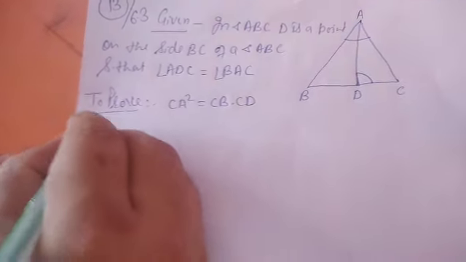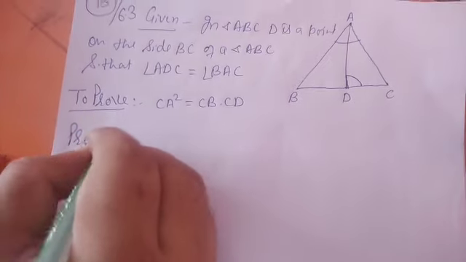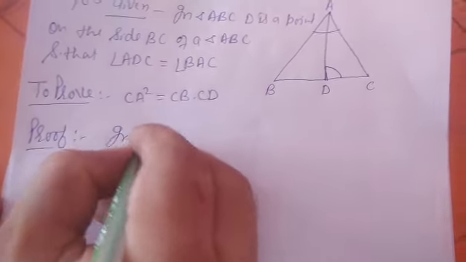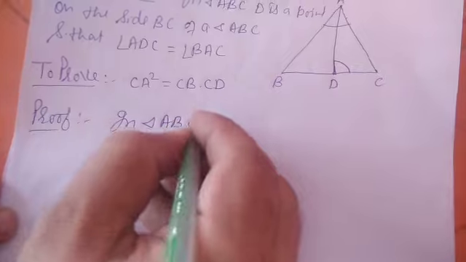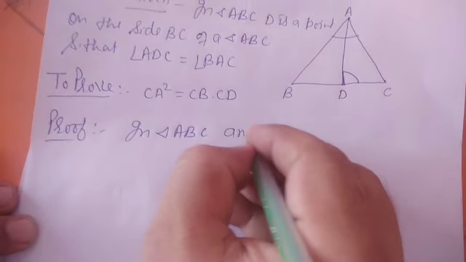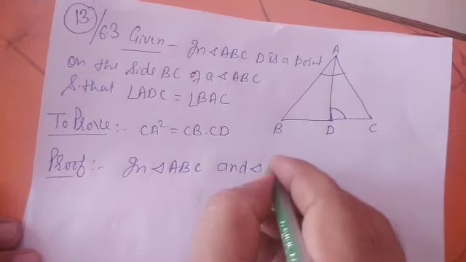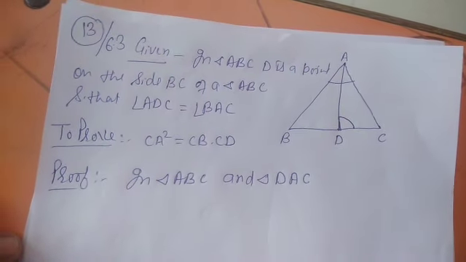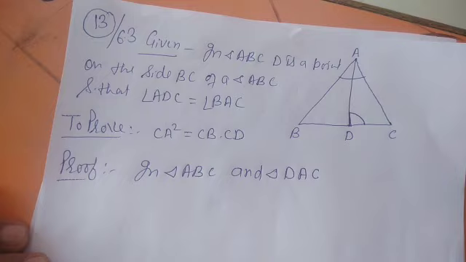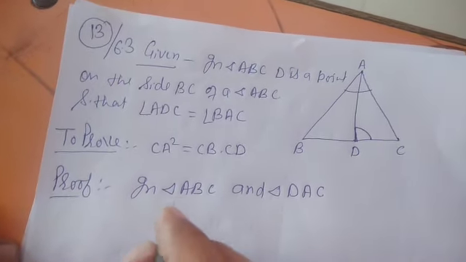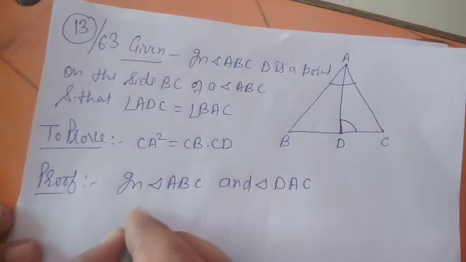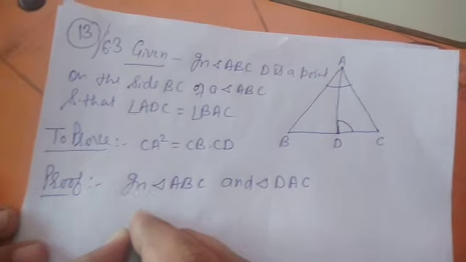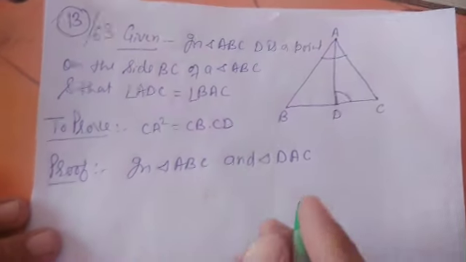Proof. In triangle ABC and triangle, which triangle? DAC. Yes? So, triangle ABC and DAC.